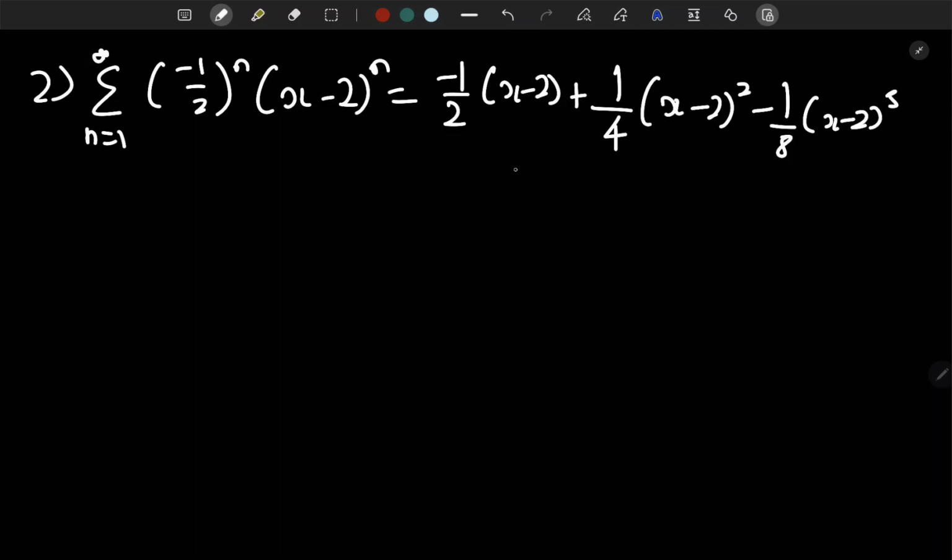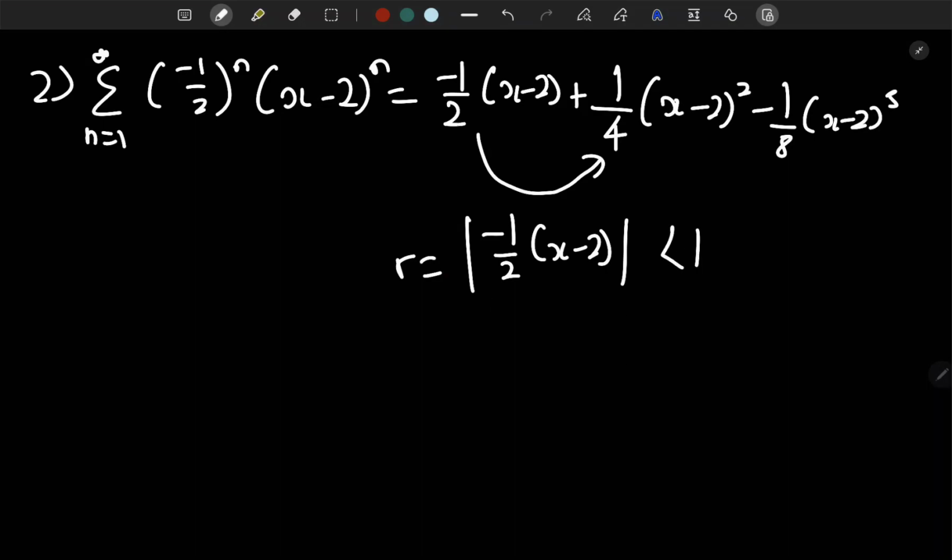If you can see, each time we are multiplying by -1/2 of (x - 2). So this is our r, so let's take the absolute value. |r| is equal to this, less than 1. Now all we need to do is basic algebra to solve it and simplify it.